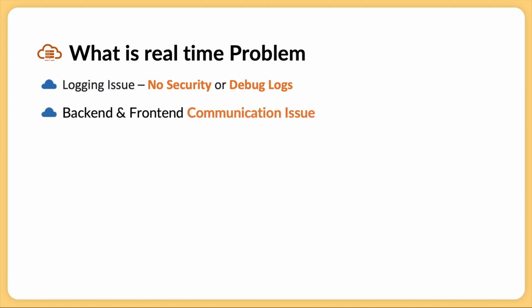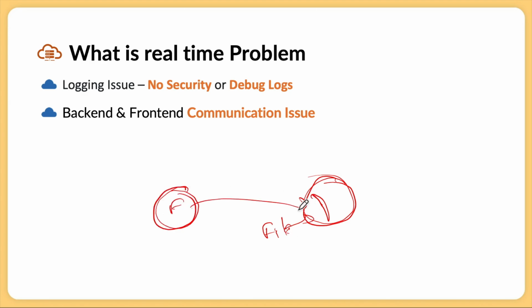Another problem: let's say you have an application with a front end and a back end, and both need to communicate through certain data. Imagine the back end is producing data in some file, and this data needs to be accessed by the front end, which makes it available to the user.